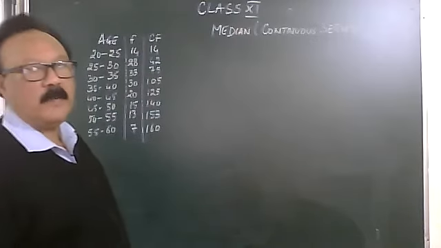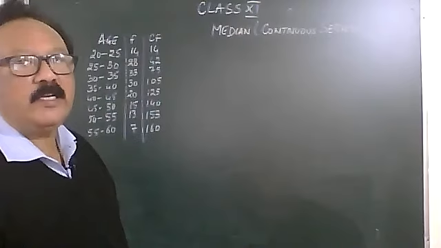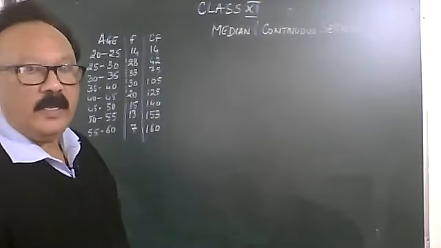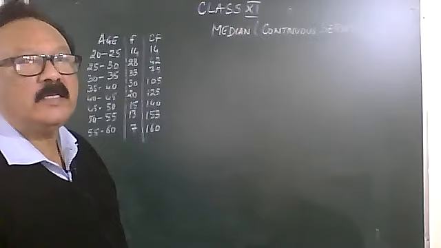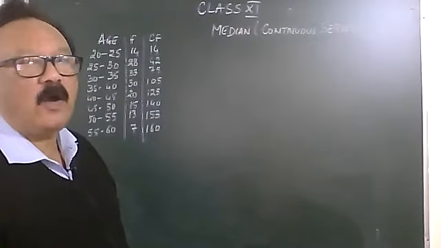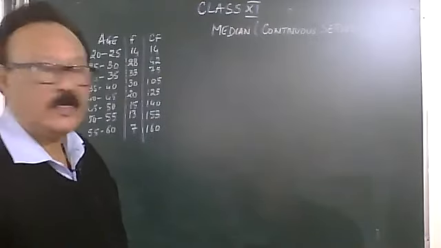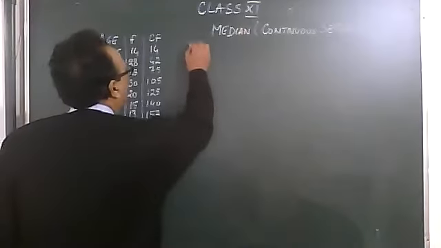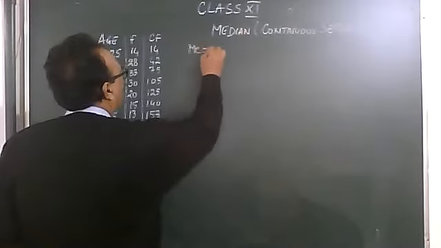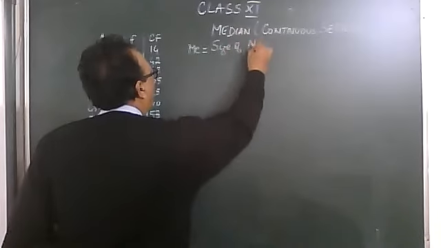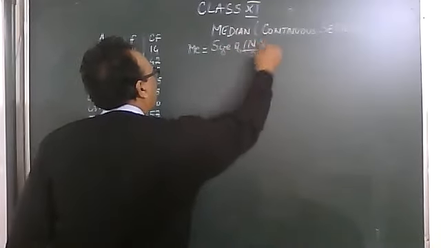The second step is there is a slight change in the formula which you were using yesterday. Yesterday you were using median is equal to size of n plus 1 upon 2 item. Here you will use median is equal to the size of n by 2 item.